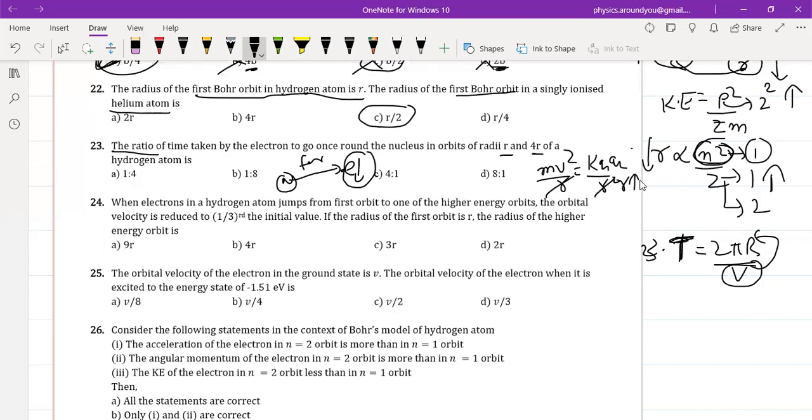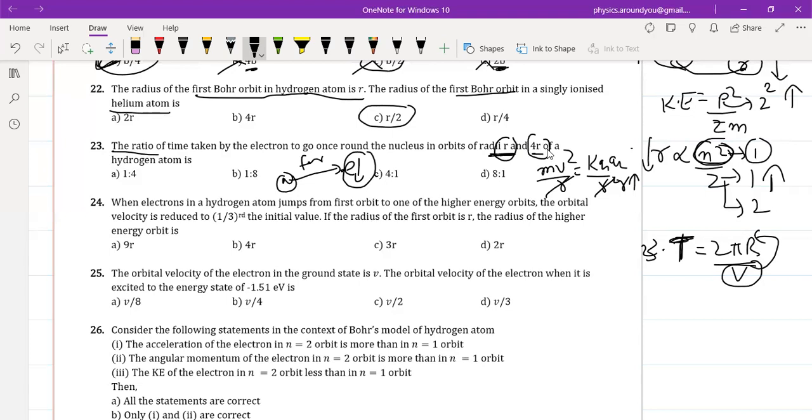As R increases, V decreases. So the speed should be higher at orbit R than at orbit 4R. But they are not asking ratio of speed, they're asking ratios of time.